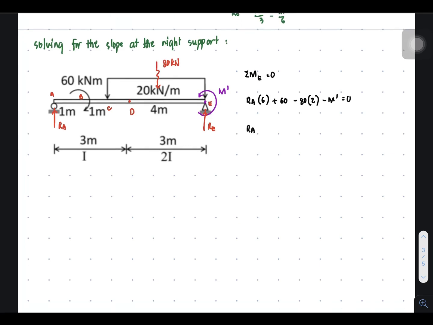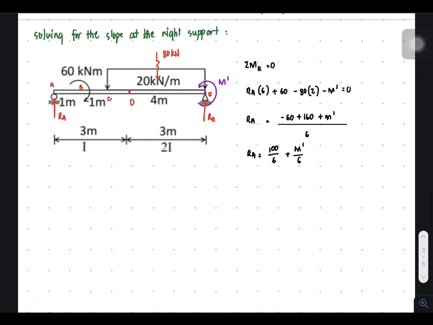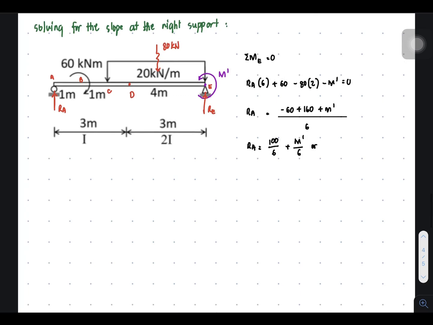So in this case, we are going to have RA equal to, transposing all the terms, negative 60 plus 160 and then plus m prime over 6. So RA is equal to 60 negative and 160, it's 100. So it's 100 over 6, then plus m prime over 6. So with that, we can simplify it to be 50 over 3, then plus m prime over 6. So that is our RA.